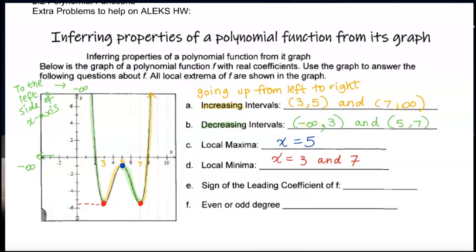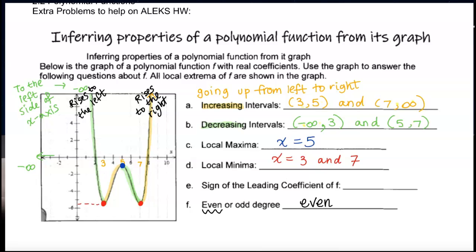Okay, what can we say about the sign of the leading coefficient of f? Well, looking at how both ends are rising up, rises to the right, and rises to the left, this is going to be an even degree because both ends are doing the same thing.